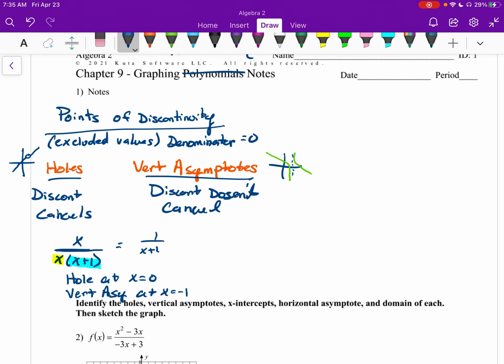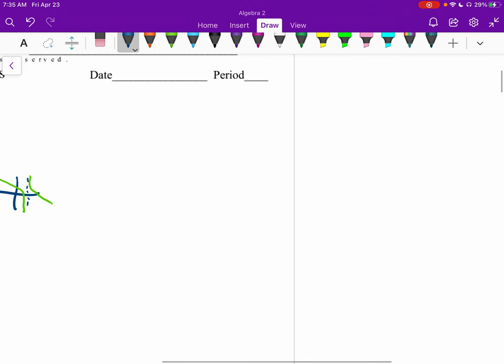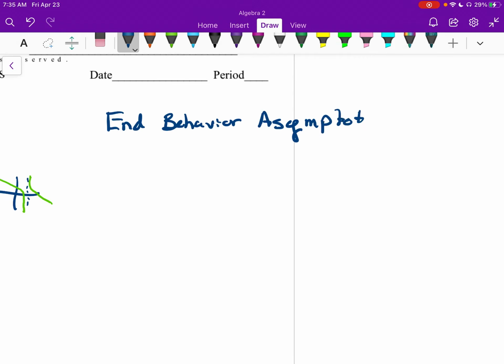And then we also need to talk about the other kind of asymptote, and we're going to call them end behavior asymptotes. Okay. Sometimes these are called horizontal asymptotes.